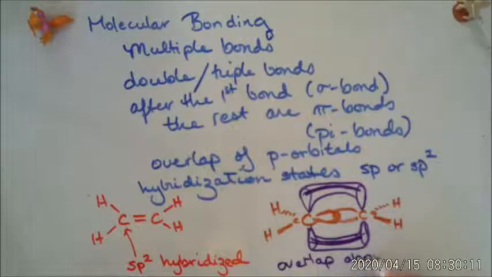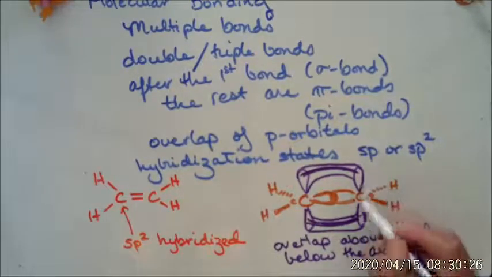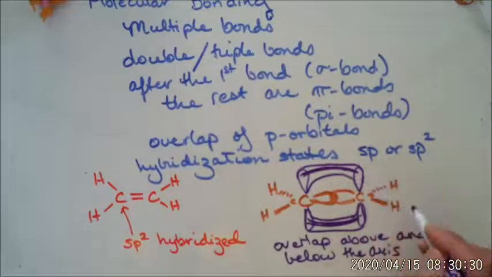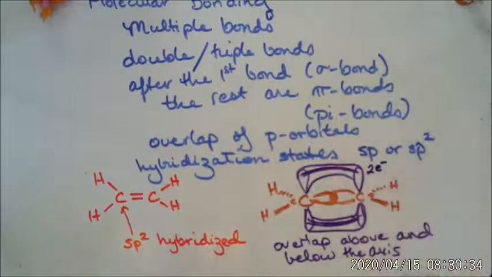So one pi bond consists of overlap above and below the plane, the axis. Okay, that's one pi bond. So in here, above and below, we're just looking at electron density. I have 2 electrons. Okay?